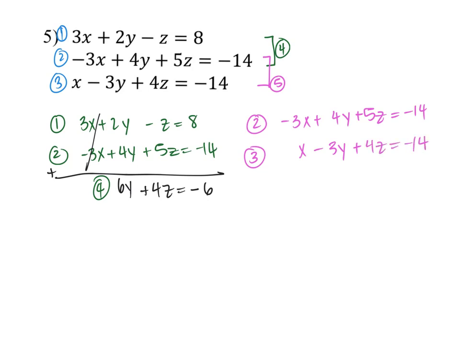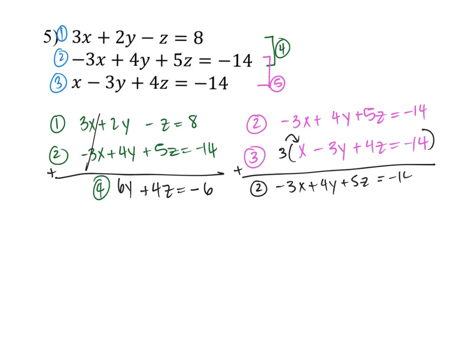And so when I write this, I'm now going to multiply my bottom equation by 3 in order to cancel out the x's. Make sure you multiply everything by 3, but the top equation, equation 2, doesn't get affected. So I'm just going to bring that down the way it is. Okay, so now our third equation here, let me erase that because I don't think I did that correctly.